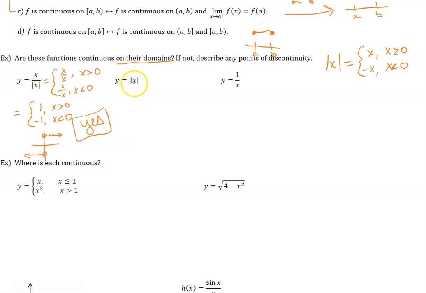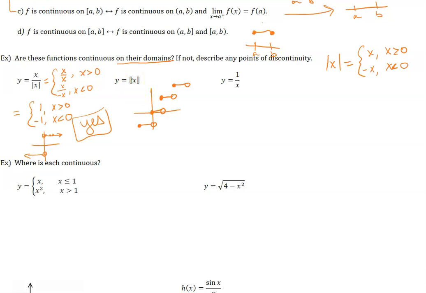For this next one, we're dealing with the step function, the greatest integer function. Just a quick sketch here, something like this. We see that the domain for this is all real numbers, because every real number can be plugged into the greatest integer function.